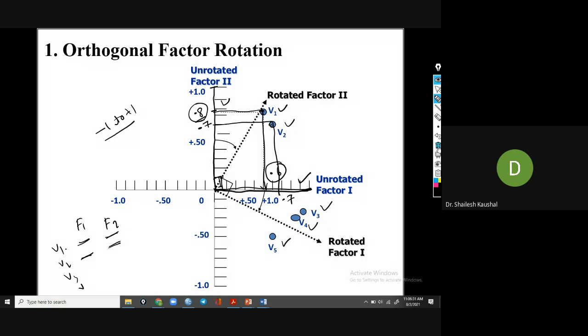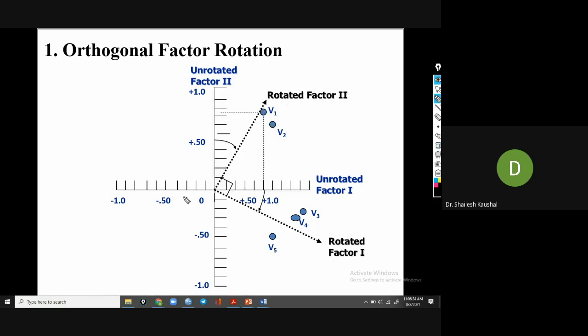So what should we do? We want only one variable to give a high value on either f1 or f2, and v2 to give a high value on either f1 or f2. So it's a cross loading problem.